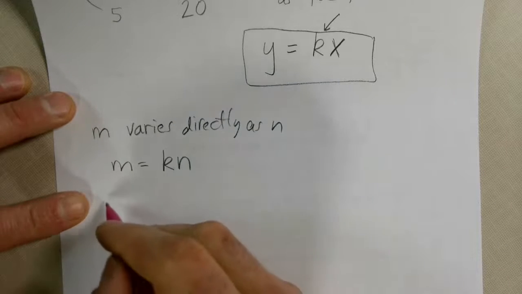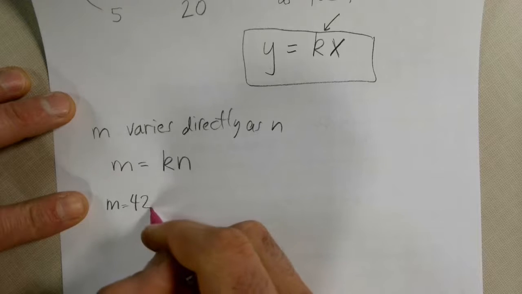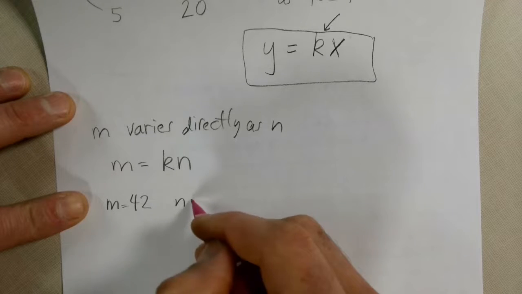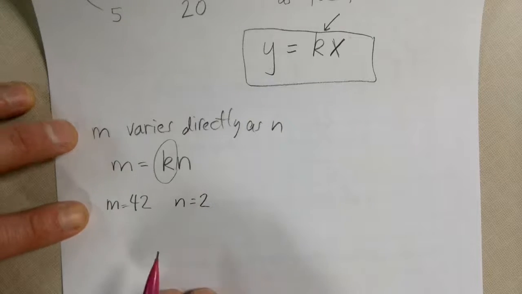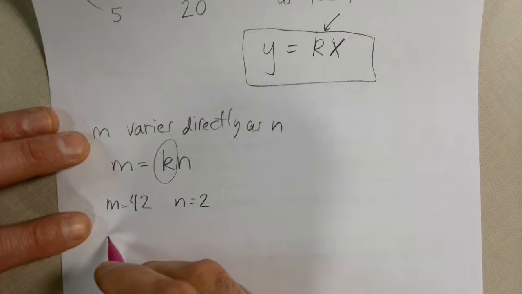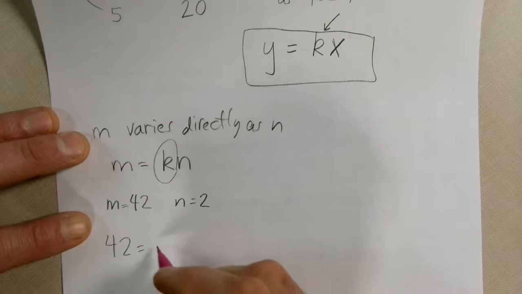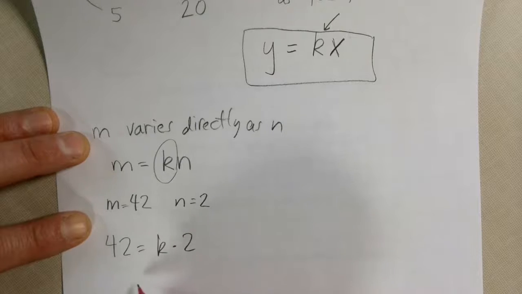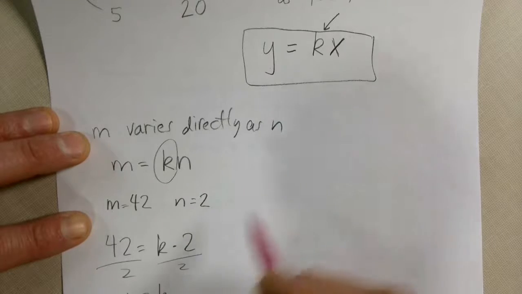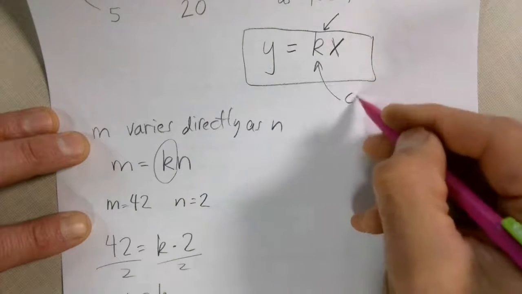Now, suppose I say that M is 42 at the same time that N equals 2. Can you figure out what the K is going to be? Yes. Let's plug in the numbers. 42 is equal to K times 2. Well, you can see right away that K has to be 21. This K is called the constant of variation.